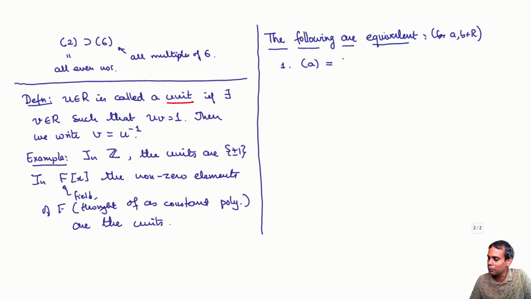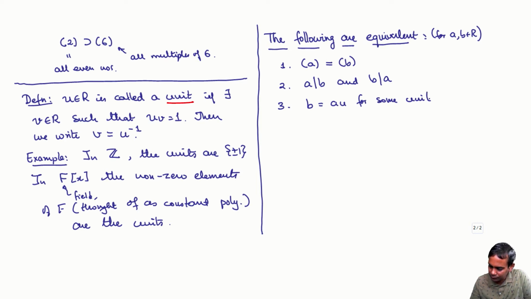One, the ideal generated by a is equal to the ideal generated by b. Two, a divides b and b divides a. Three, b equals au for some unit u of R. And four, a equals bu for some unit u of R.